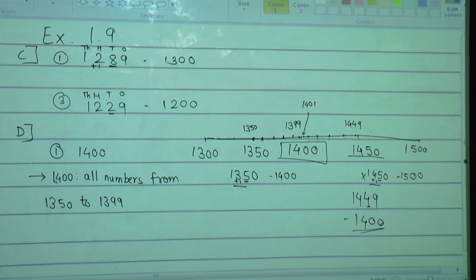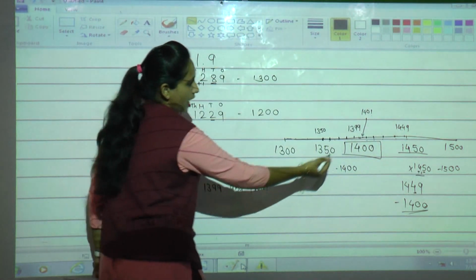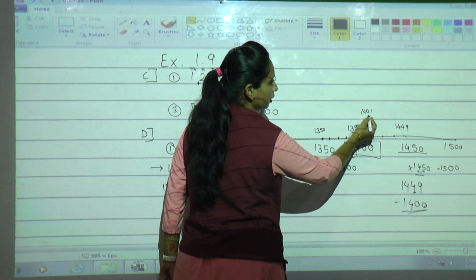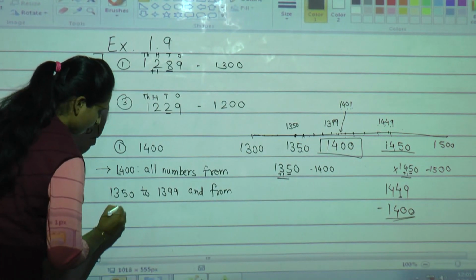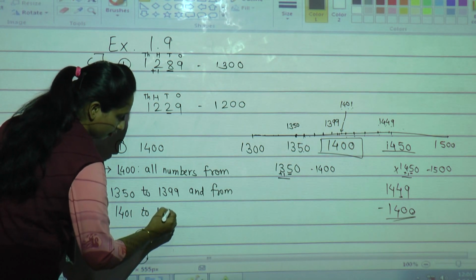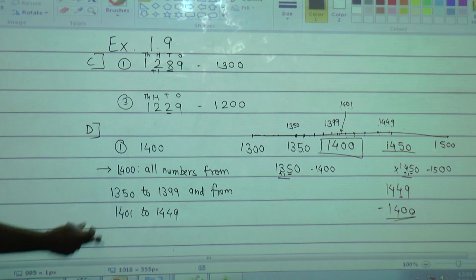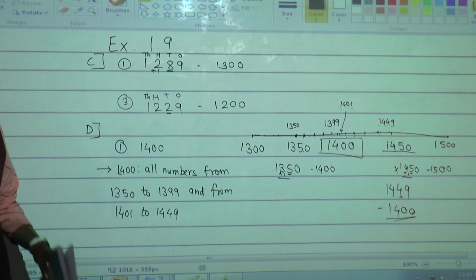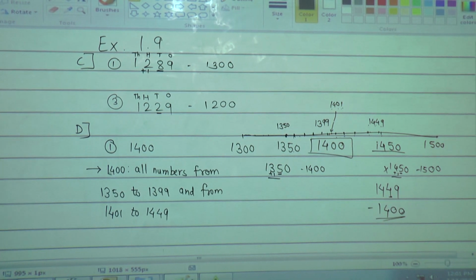Okay, you can see 1399, and see from after 1400 what will come? 1401 to 1449. So write 1401 to 1449. These all numbers are rounding off to the 1400 nearest 100. Got it? Now we'll solve one more example for you.